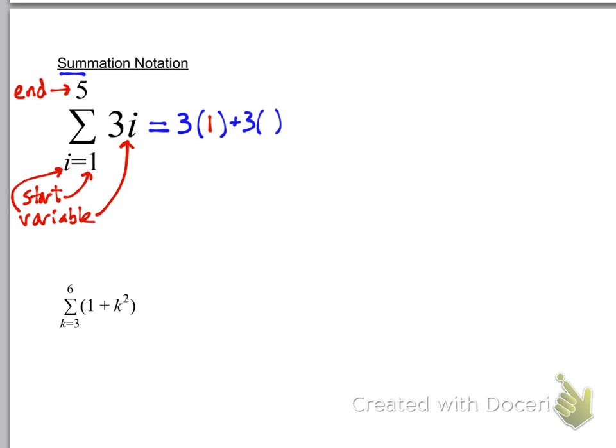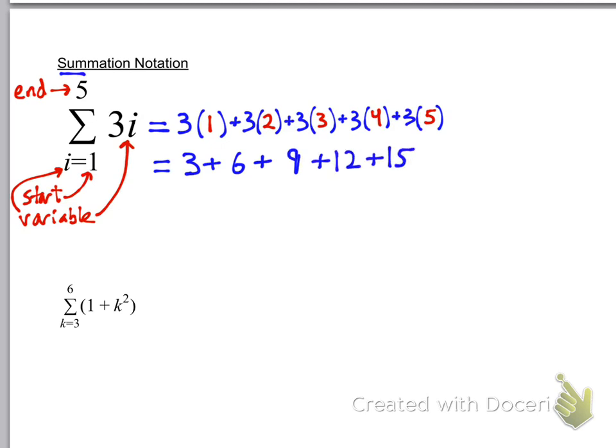Then I'm going to write plus. This plus is because we're summing these. So between every term of the sequence, we're going to put a plus. Then 3 times i again, but now i goes up by 1 to 2. And then we're going to add 3 times 3. Notice we're just changing out i, and the i's start at 1 and go all the way up to 5. That's our end value.